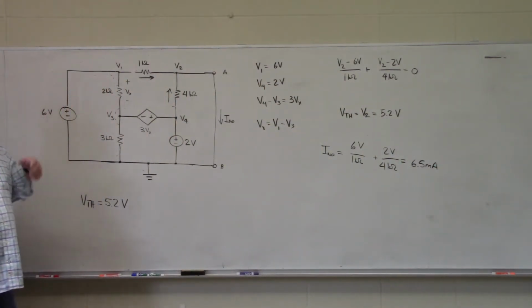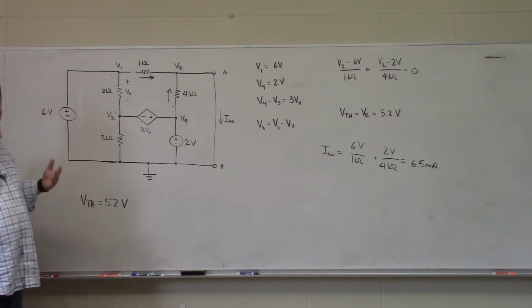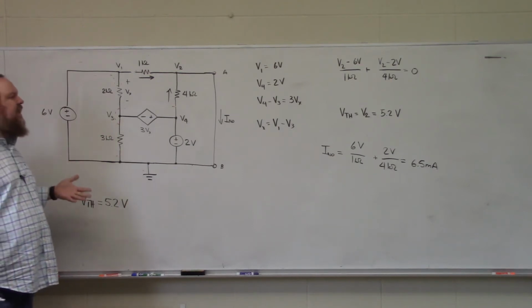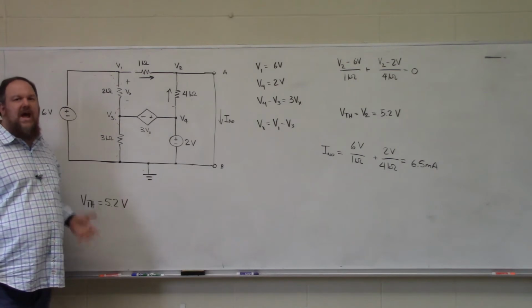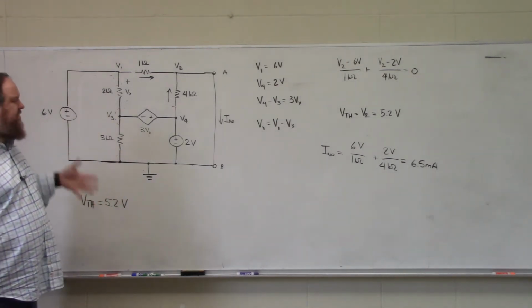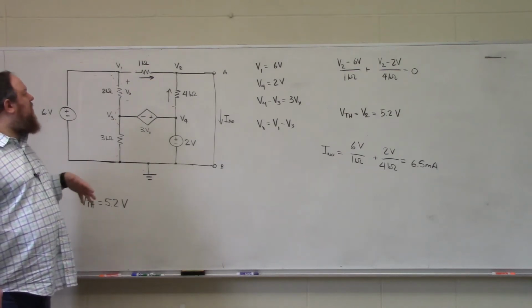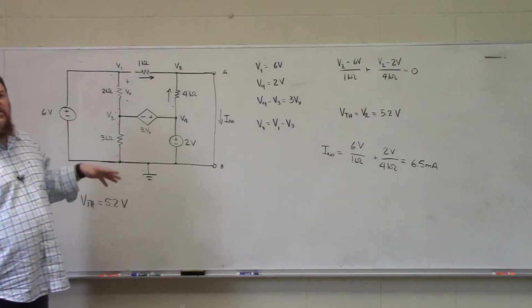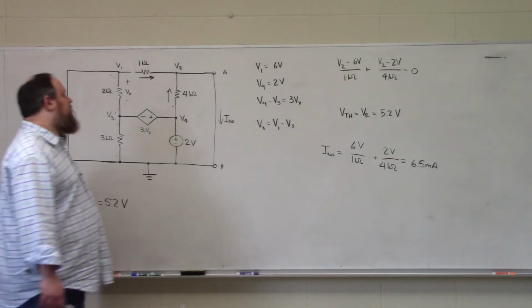So this very ugly looking circuit can actually be solved rather trivially if you don't fall into the trap of trying to use mesh analysis, and really use nodal analysis for everything. Kirchhoff's current law was the only thing needed to solve this problem.